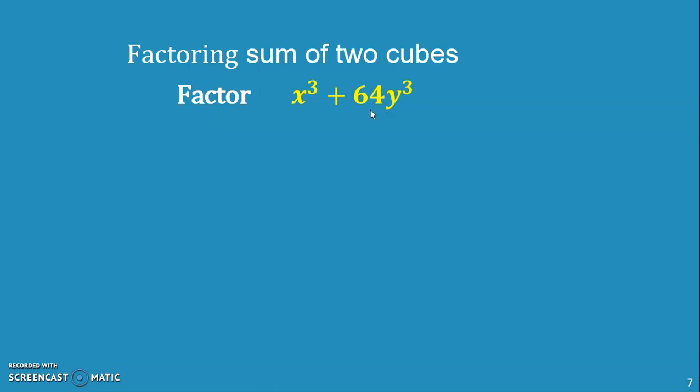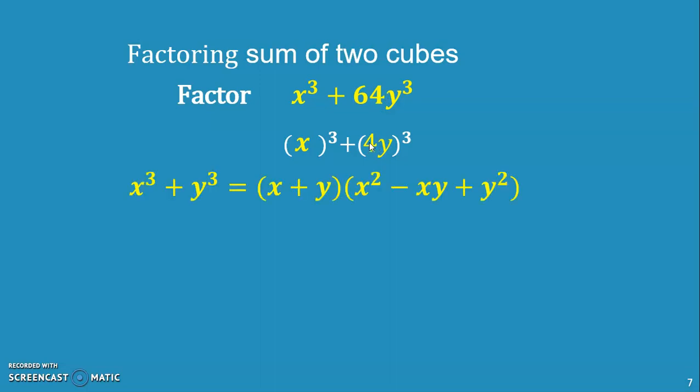Yes, it's a perfect cube pa rin dahil ang 64 ay 4 times 4 times 4. So, rewrite natin into perfect cubes. Then, second term is 4y.